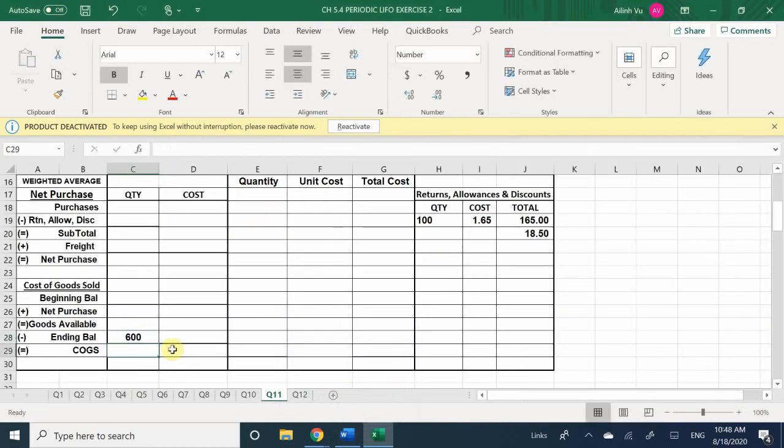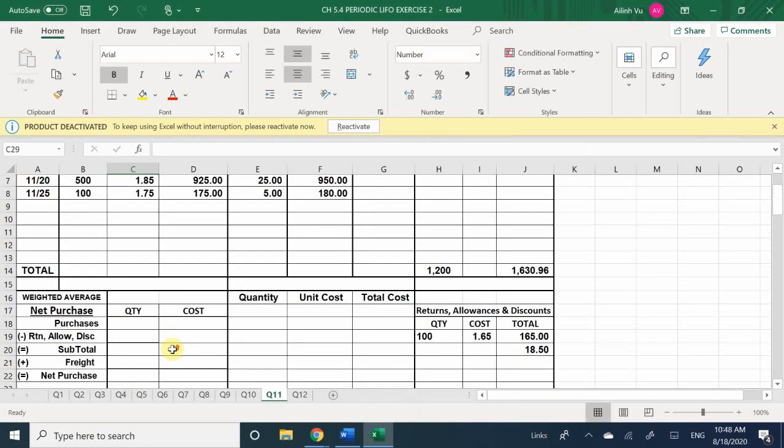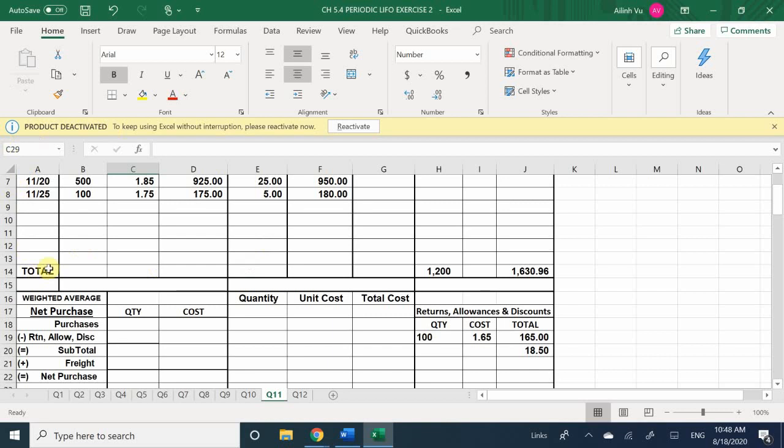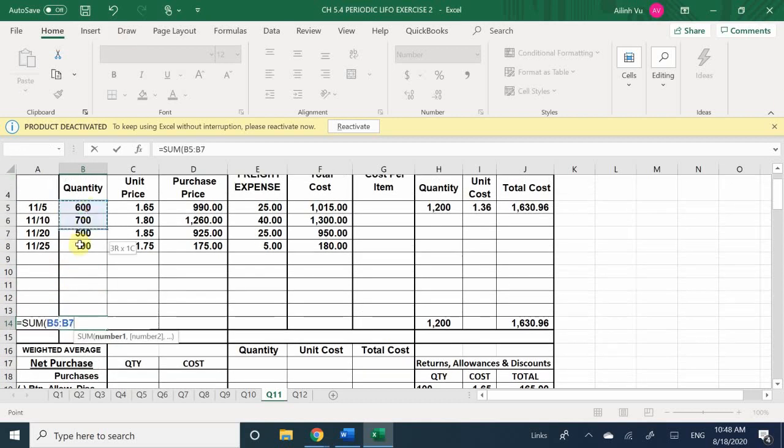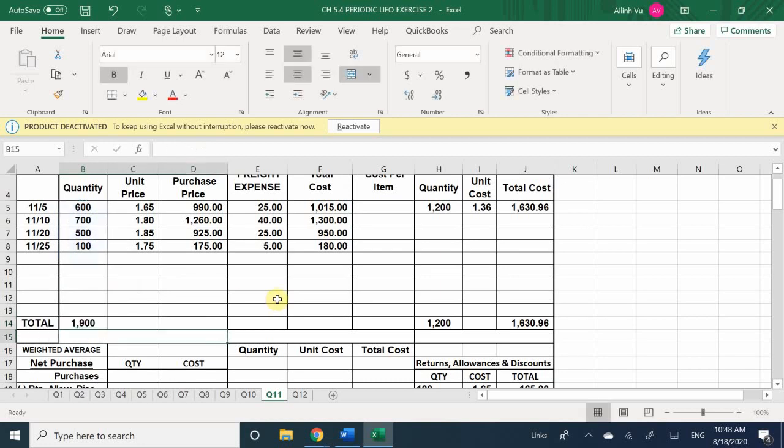Okay, let's go ahead and sum up each column. So what do we get? How many items did we purchase in total in the month of November? 1,900, yes, that is correct.